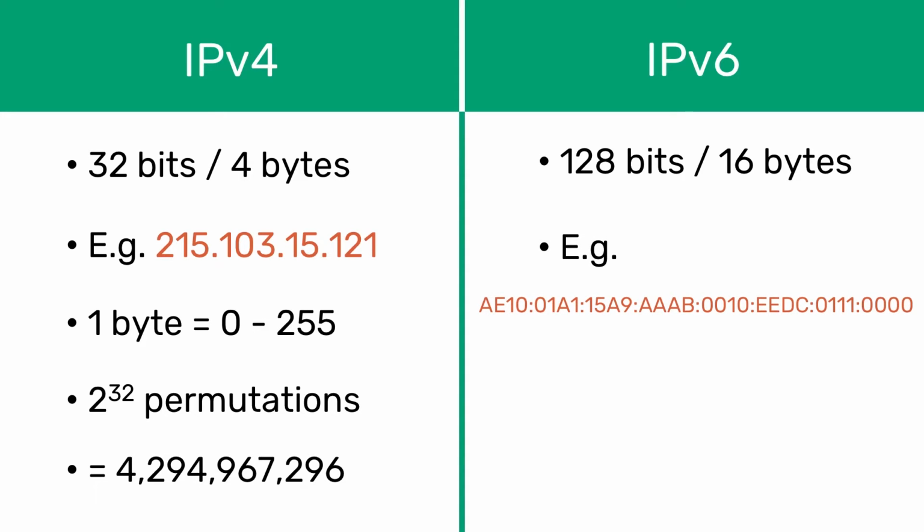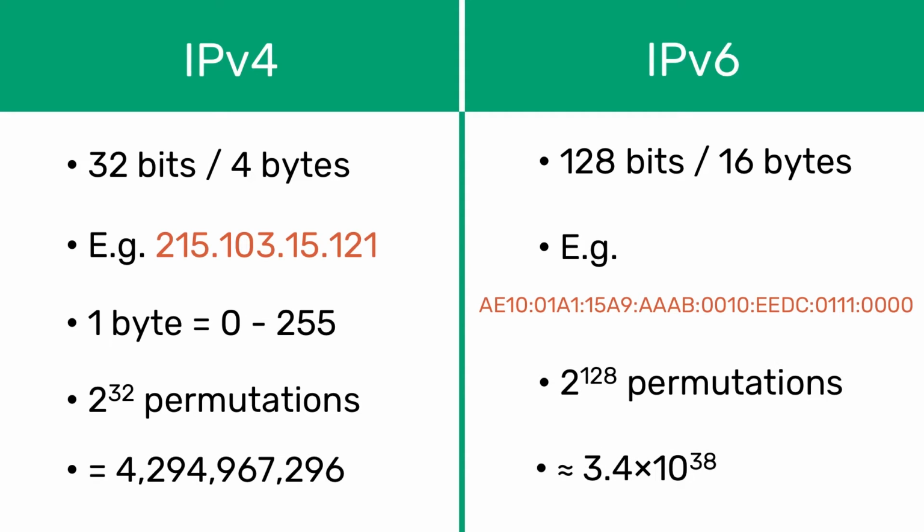In long form, they're represented with 8 blocks of 4 hexadecimal digits separated by colons, instead of full stops. This leads to a huge 2 to the power of 128 possible unique addresses. Currently, both versions are used, and they are designed to work alongside each other, though IP version 6 will eventually take over.